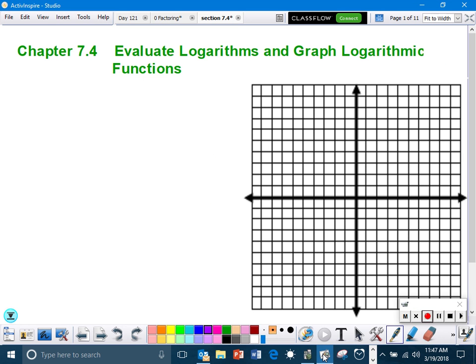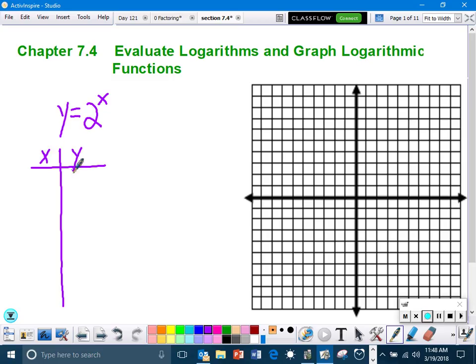All right, so the first thing we're going to look at is y equals 2 to the x power. If you recall, that is an exponential growth because the base is bigger than 1. I'm going to make a table and graph it. This is x, this is y.